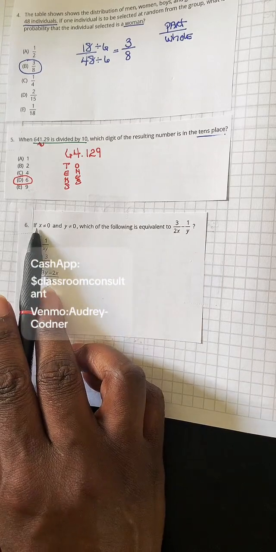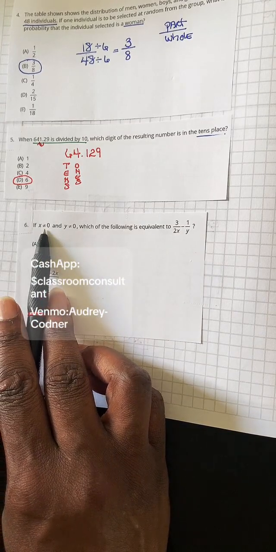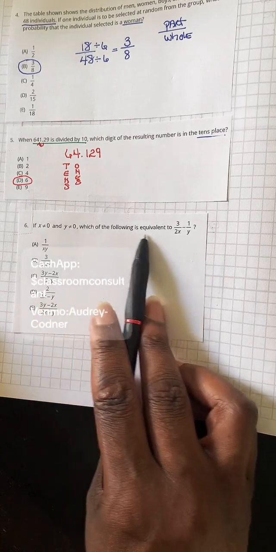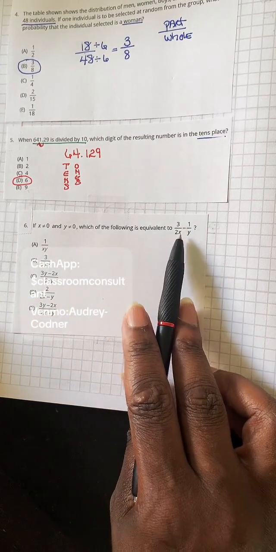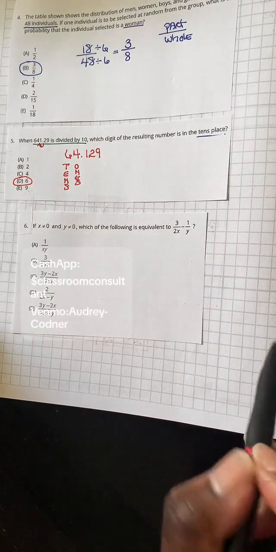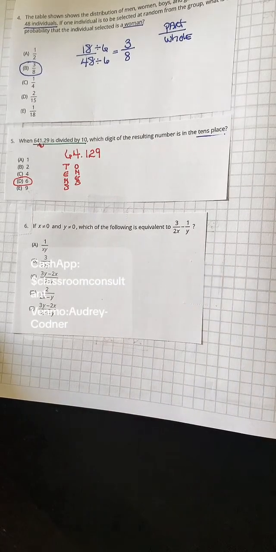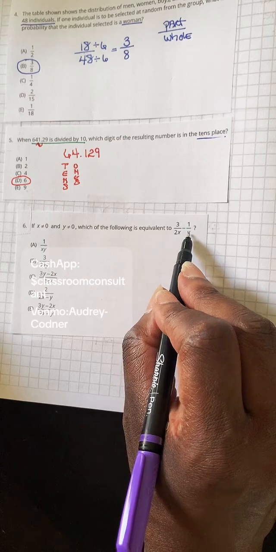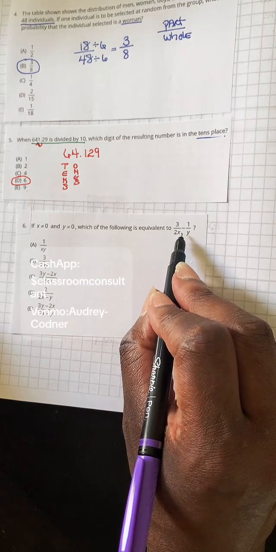If x does not equal 0 and y does not equal 0, which of the following is equivalent to 3 over 2x minus 1 over y? First off, we have two fractions or ratios, but one is being subtracted.